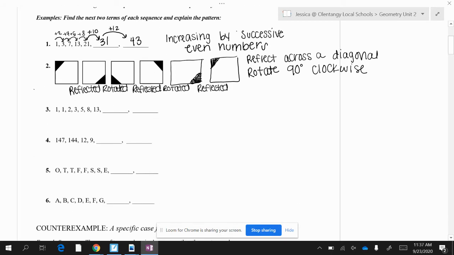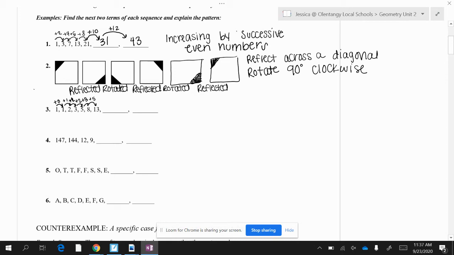Number 3, again, let's just see how many we're increasing or decreasing by. So here we are increasing by 0, increasing by 1, 2, 3, and then we go to 5. And I'm looking to see a pattern of how many I'm increasing by. So 0, 1, 2, 2, 3. Oh, this should have been a 1.